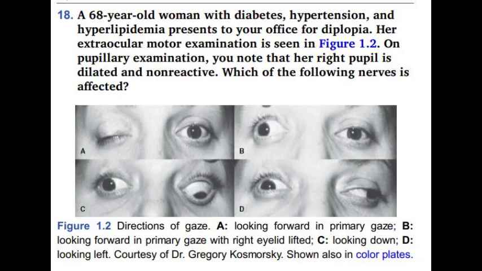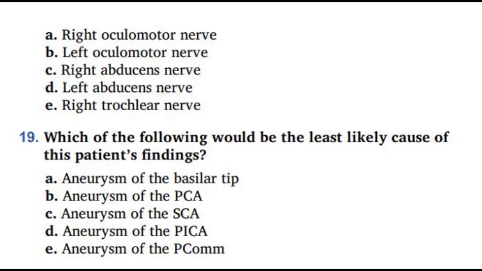Then you also have the ptosis because of lack of innervation of the levator palpebrae superioris. Then we have issues moving the eyes in some directions of gaze because a good number of the extraocular muscles are damaged. So I would go with option A, which is right oculomotor nerve damage.